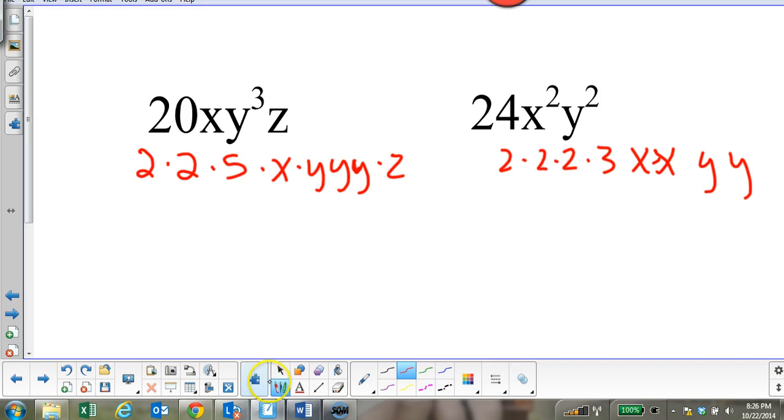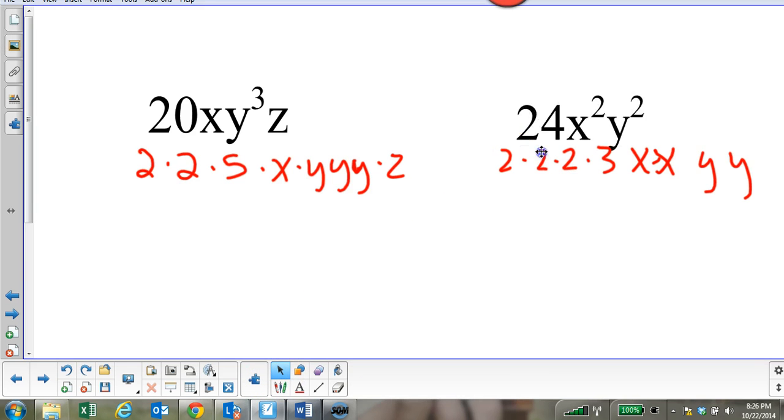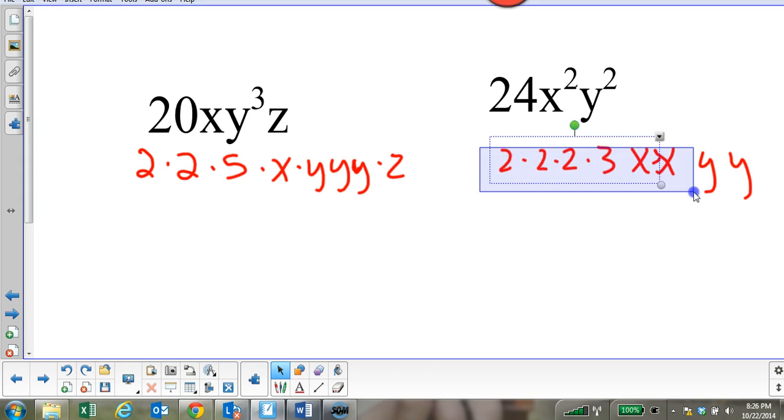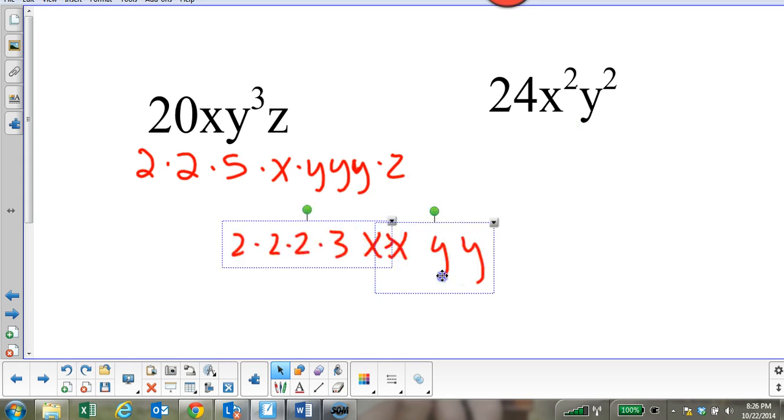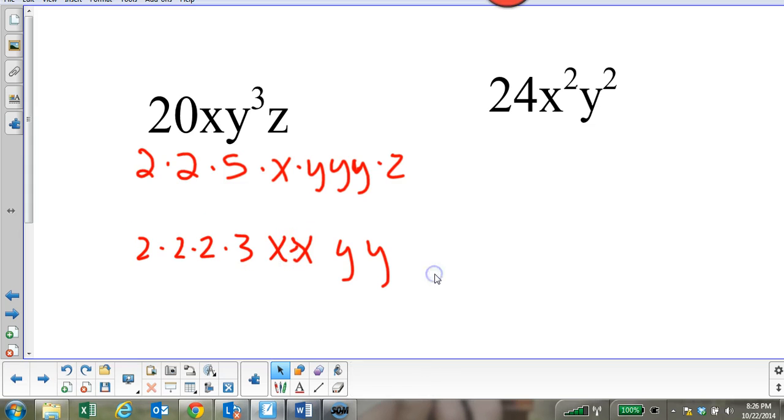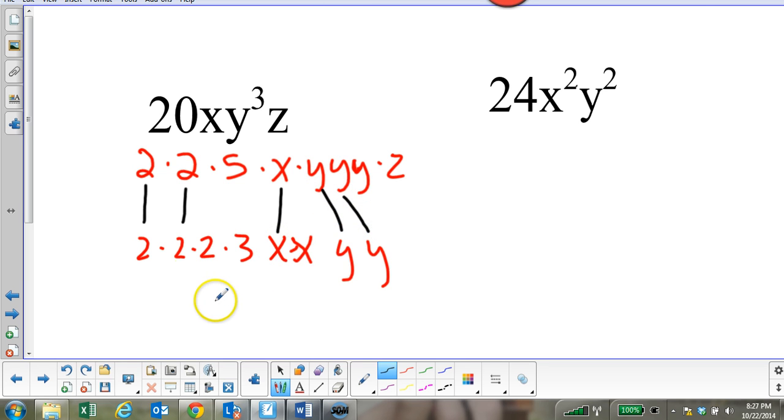Now, I like to stack them one on top of the other so I can easily see what they have in common. And you can see they have 2, 2, an x and 2 y's in common. So their GCF is going to be 2 times 2 times x times y times y.